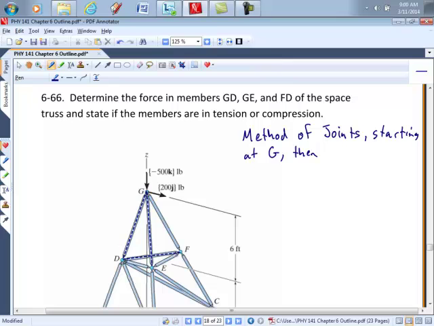And then to find this member DF, I could go to D or to F. F would be way easier. F would then have 3 unknowns because this would now be a known force. And if I went to D, I would still have 1, 2, 3, 4, 5 unknown forces. So I couldn't do D without also doing E or F. So we would go to F afterwards.